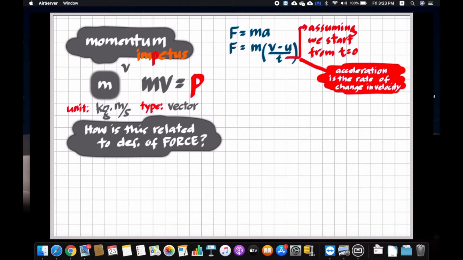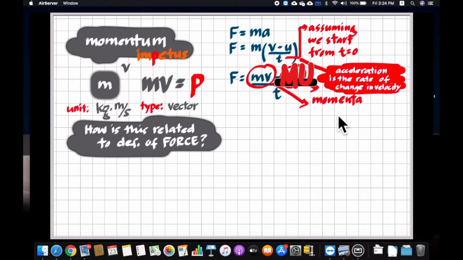Doing the maths in this equation, we get this by distributing the mass m, divided by time. Now, take a look at these products here, mv and mu, mass multiplied by velocity. These must be momentums, or in other references, momenta as a plural for momentum. So now we can write the equation like this: final momentum minus initial momentum.